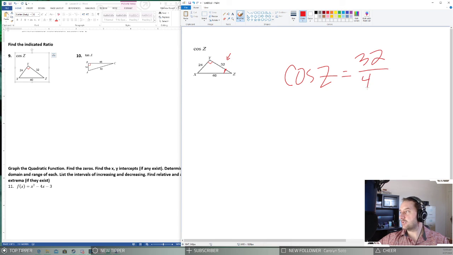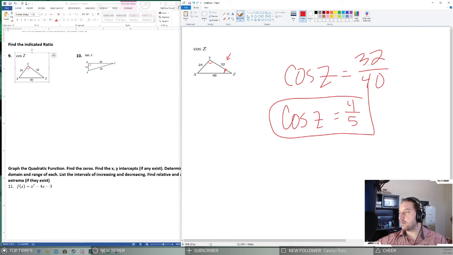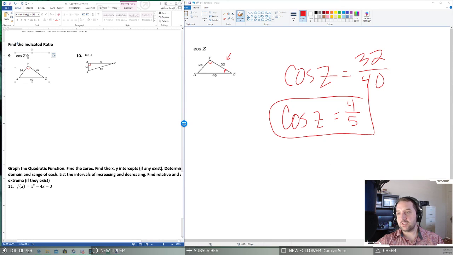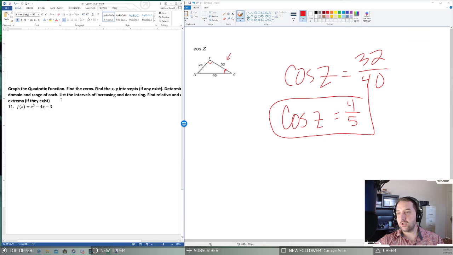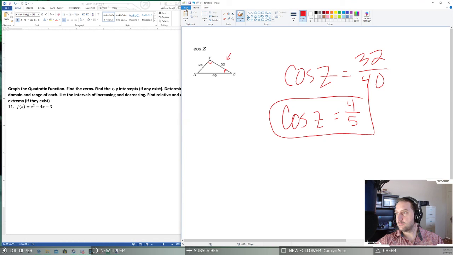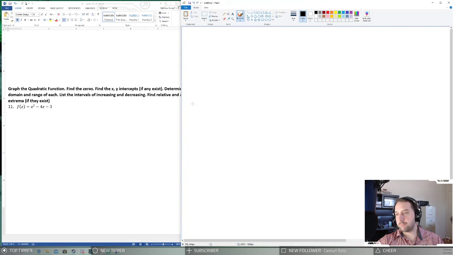My hypotenuse is 40. So then I can just reduce it by 8, so I get 4 over 5. There's no finding angles, it's just find me what the ratio is.